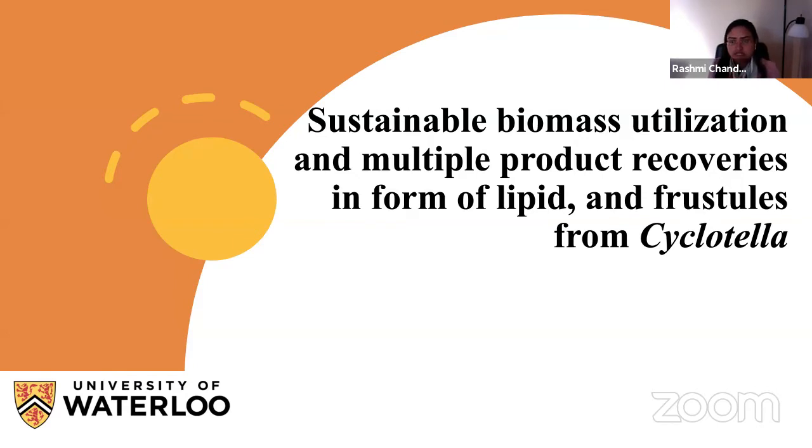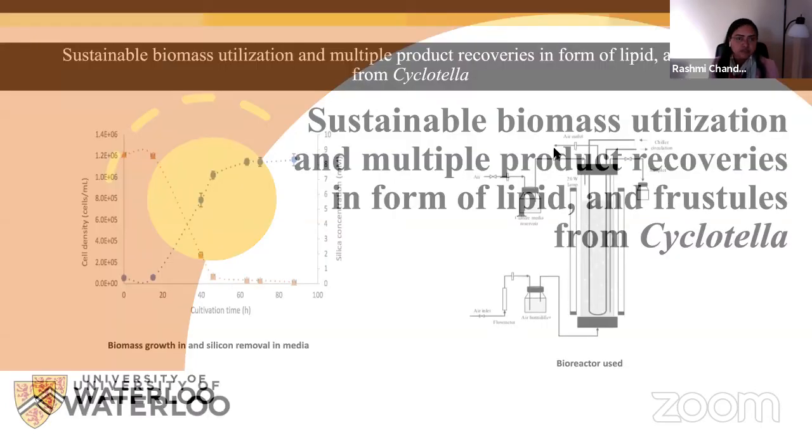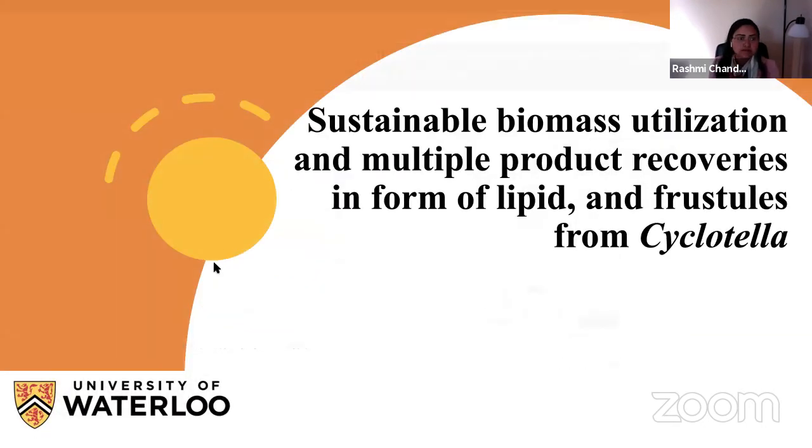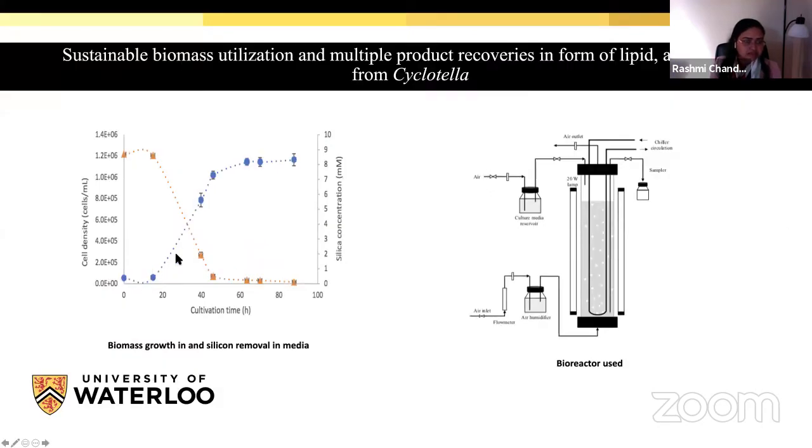I targeted that. Initially, because Cyclotella and diatoms grow in the presence of silicon, we monitored the biomass cell density and how the silicon was depleting. It was a control kind of system, to see whether they grow in the presence of silicon or not.